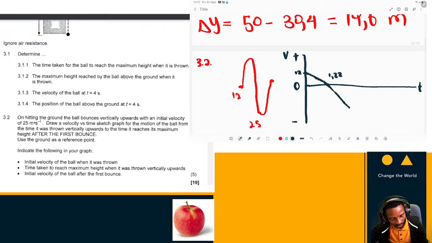All right. So it reached the ground and bounced when it reached the ground with a velocity of 25, but this 25 is negative.